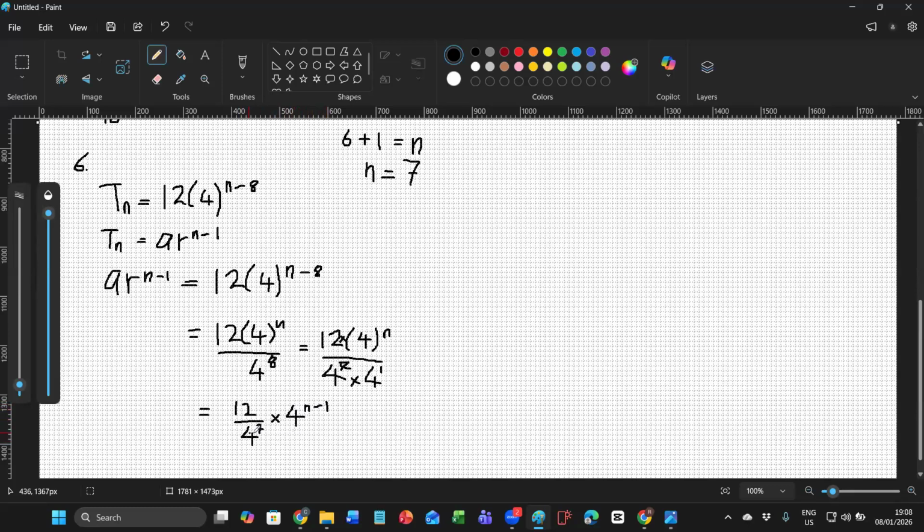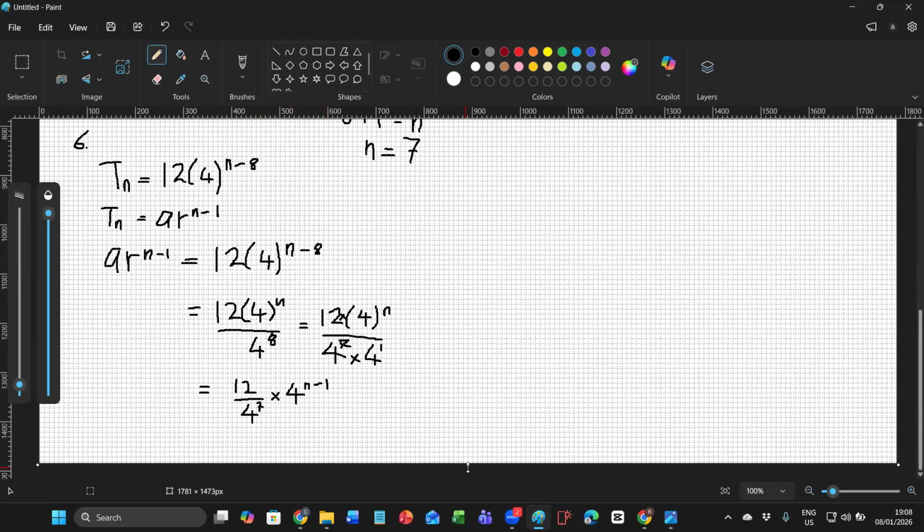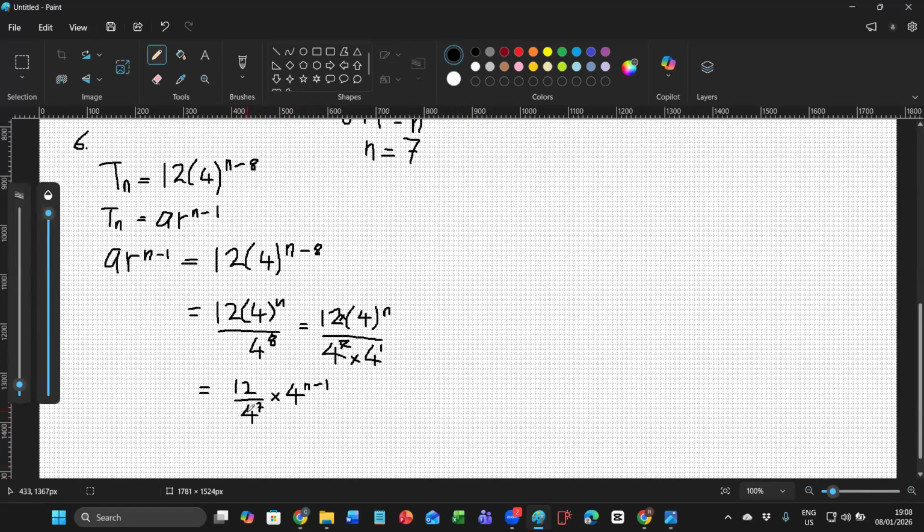Of course, I'm still going to break down the 4 raised to power 7, because of the 12. One of the fours down there can take out 12.